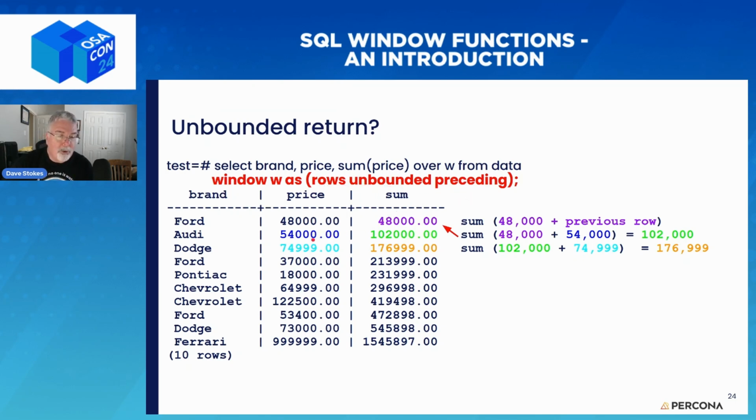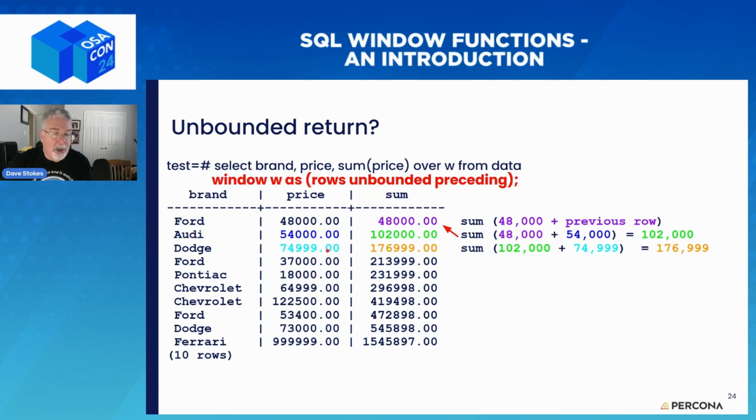So our first vehicle comes up again, the Ford, $48,000. So we're going to calculate the window for this. We're going to take the current row plus the unbounded preceding. Well, there's no previous row here, so the total is 48,000. Next row, we come down, an Audi for 54,000, and we're going to add the $54,000 to the $48,000 to get 102.